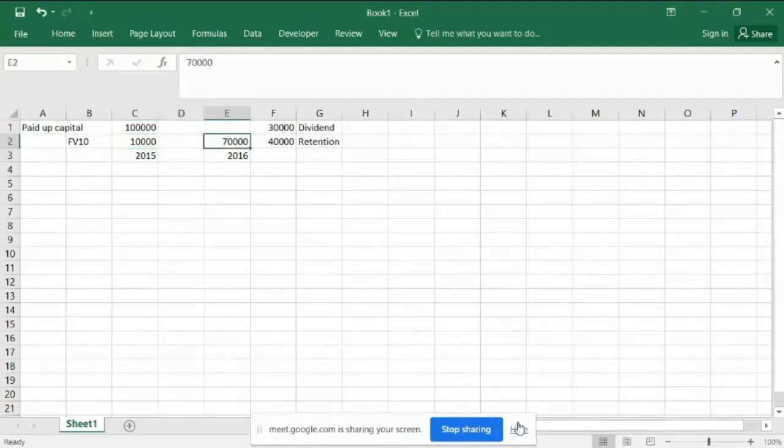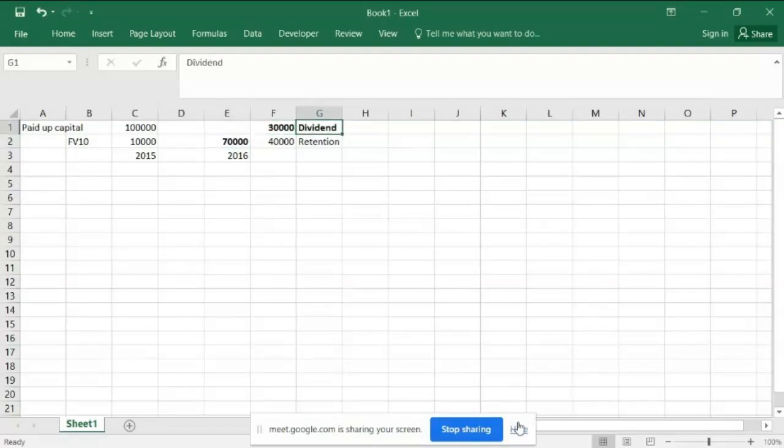So what is the next process? The company is going for the appropriation, and is going to distribute the dividend out of this 70,000. So the company has decided to give 30,000 rupees as the dividend.